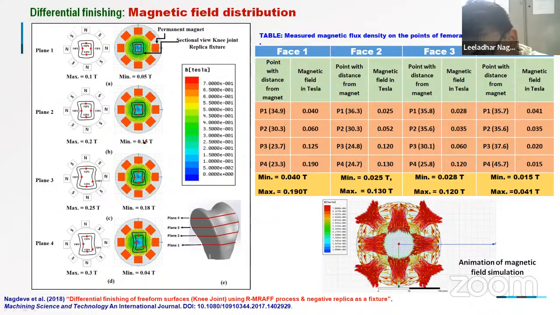Whether this process is properly working or not, we have to go for the simulation. We have to check how much magnetic field is generating over the surface. It is very important. Once we have checked the simulation, after that we have to experimentally calculate how much magnetic field is generating over the surface. So it is experimental and simulation kind of things about the process.